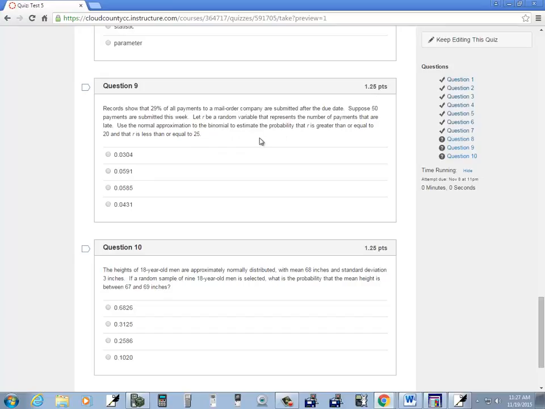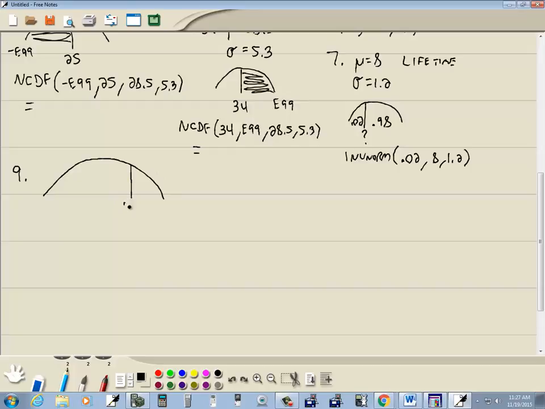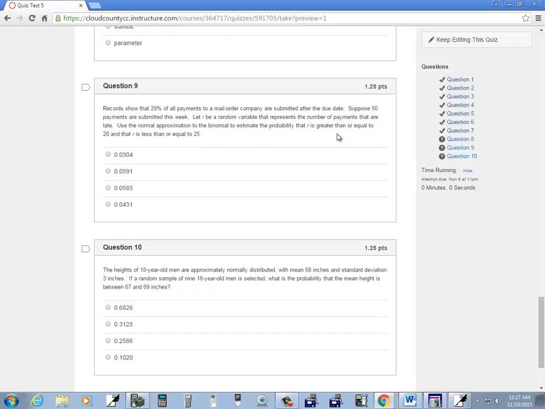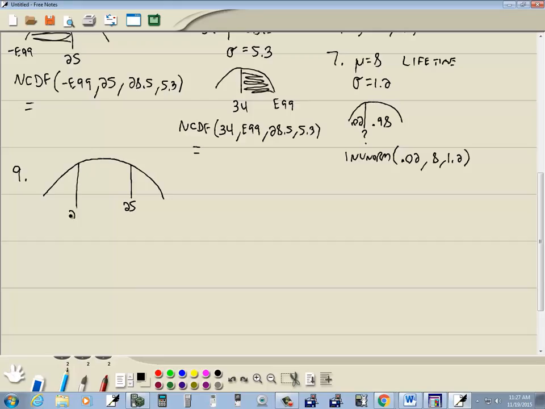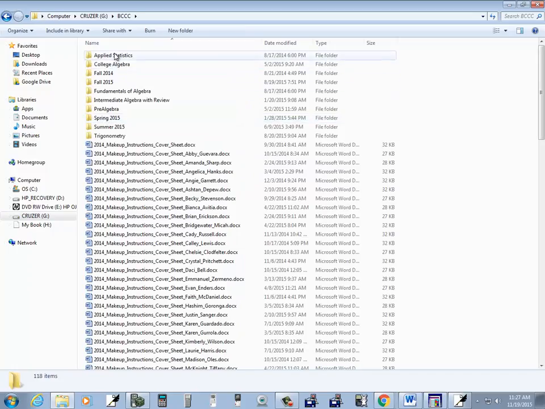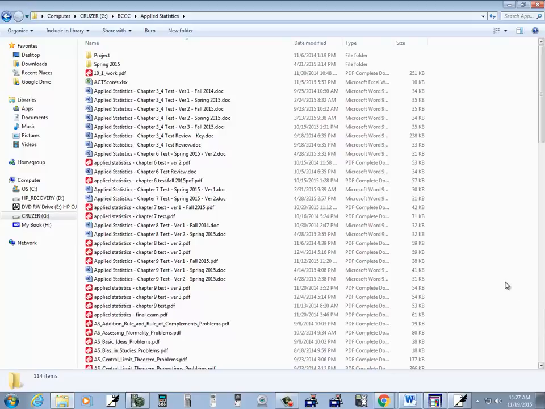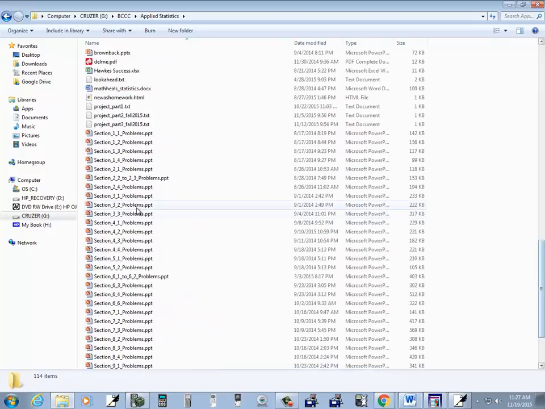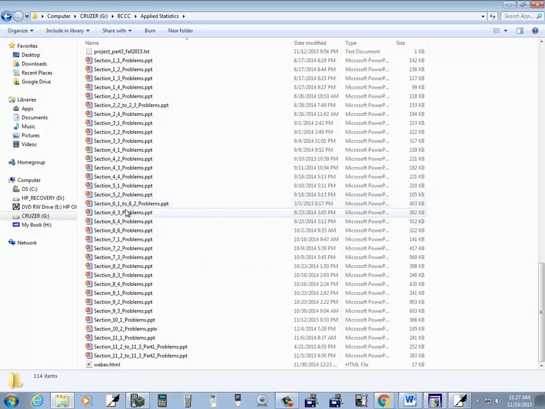R is greater than or equal to 20 and R is less than or equal to 25. Greater than or equal to 20. Okay, so it's asking about this right here. And, if I can remember where the steps are, it'll be the big question.